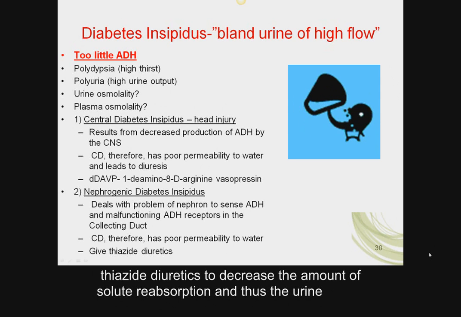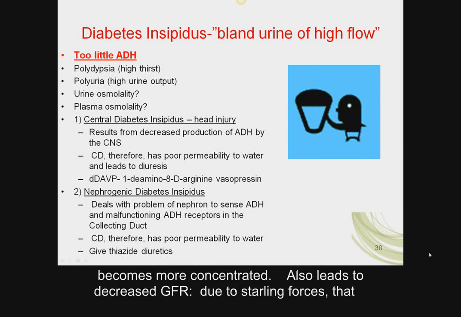And that means you can't reabsorb water during a time when you might need it. This means you're going to have polyuria, which means a high urine output of dilute urine, so low urine osmolality. And it means that your blood plasma is going to be very, very concentrated, a high osmolality, because you're not able to dilute it. You're not able to reabsorb the water that you need.